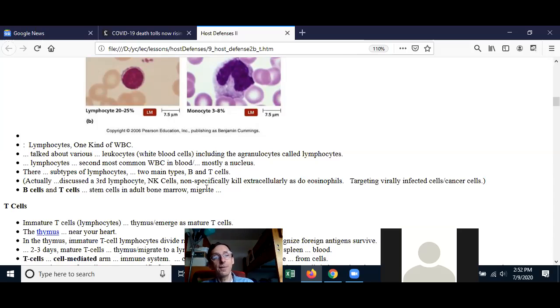We say that there's two types of lymphocytes, and I should state that there are really only two main types of lymphocytes. There is a third type that we are going to talk about very briefly.